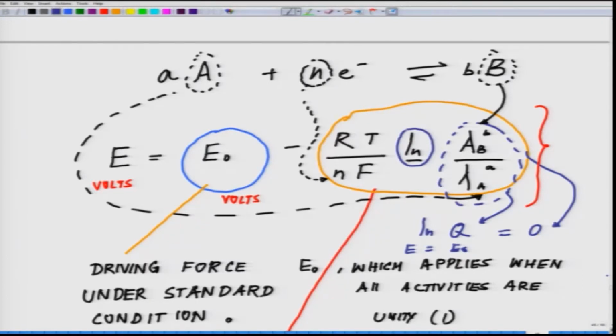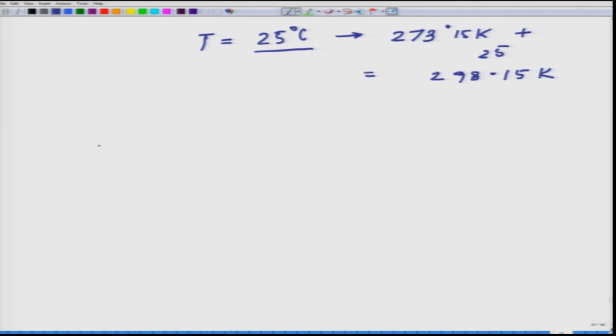The next thing is converting the natural logarithm into the base 10 logarithm and inserting the value of T. This equation works at a T of 25 degree centigrade, which is 273.15 Kelvin plus 25, so that makes it 298.15 Kelvin. Okay.